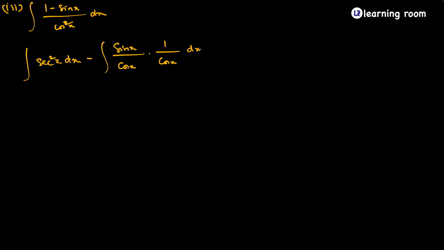Now integral of secant square x dx is going to be tan x minus, so this will be integral of 1 by cos x, which is secant x, into sin x by cos x, which is tan x, dx. So integral of secant square x is tan x, minus integral of secant x tan x, which is secant x, plus c.